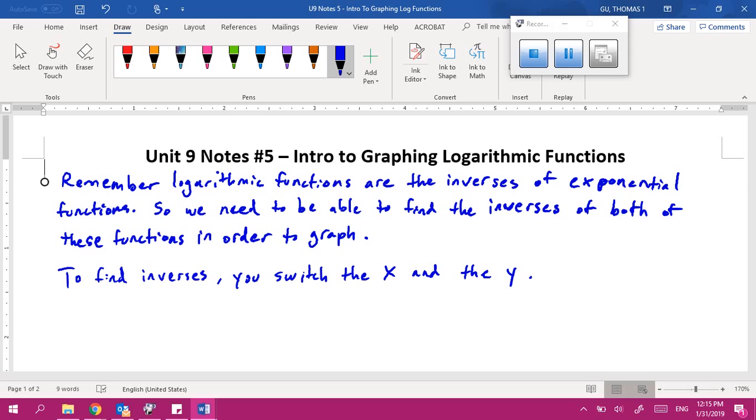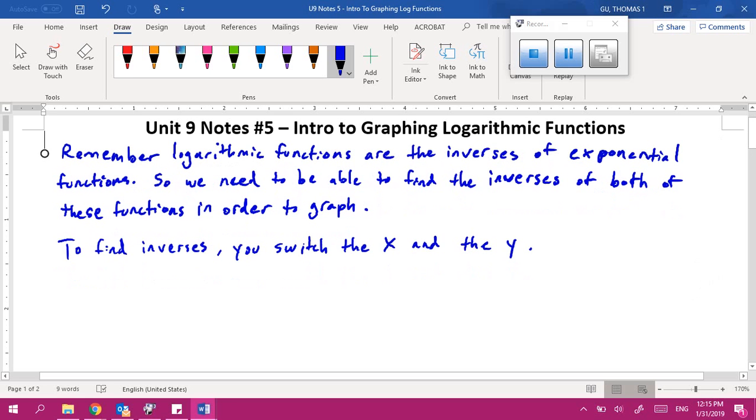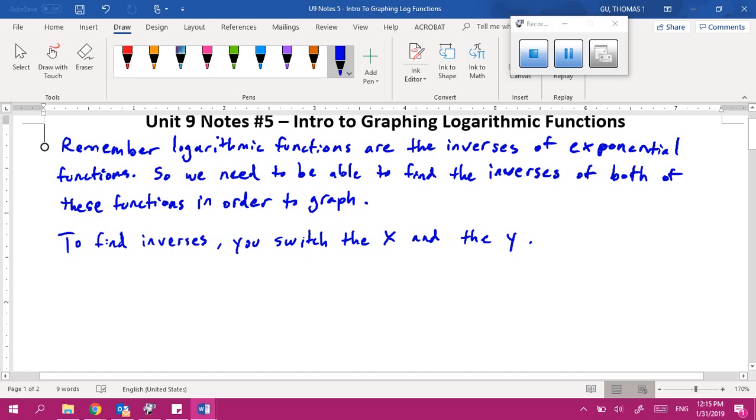That's always true, whether it be tables or a graph. That's what the inverse is actually doing. You're switching the x and y values from the original to get the inverse. Let's take a look at some examples.